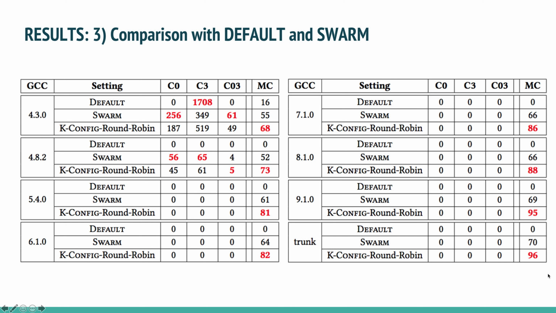And kconfig could find on average up to 96 miscompilations, and SOAN could find up to 70 miscompilations, but the default only found 16 miscompilations in GCC 4.3.0, and it didn't find any miscompilation in other versions of GCC. So in all cases, our proposed kconfig approach could find the highest number of miscompilations in all GCC versions.